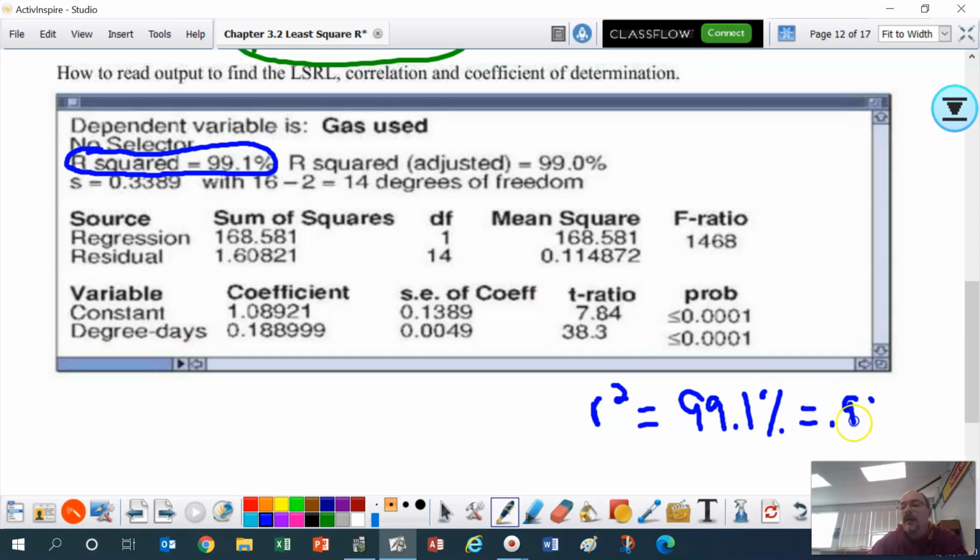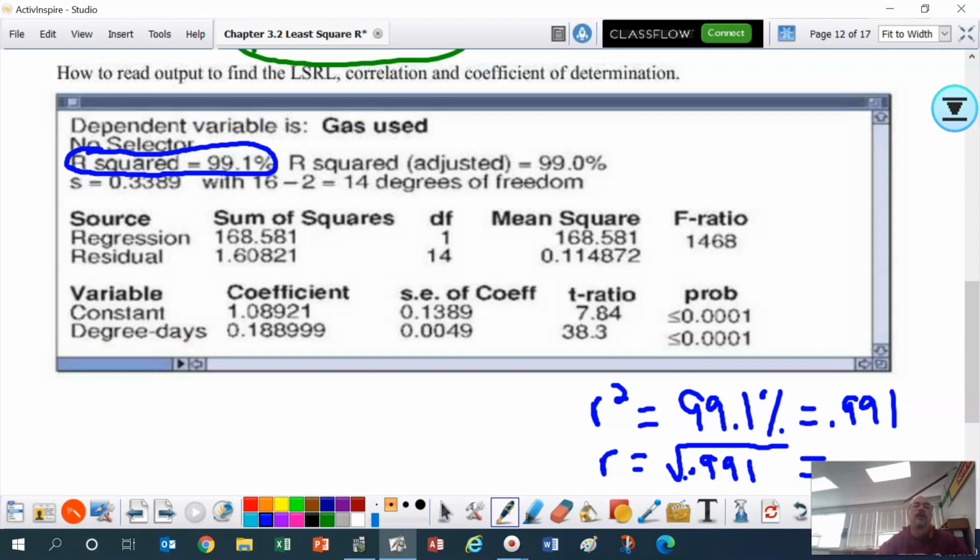So as a decimal, that's 0.991. Okay, notice, ladies and gentlemen, it does not tell me r. But I could figure out r by taking the square root of that. And then I'll know my r. So just FYI, they might not give you r, but they might give you r squared. But if you have to find the correlation, you got to take the square root of that.